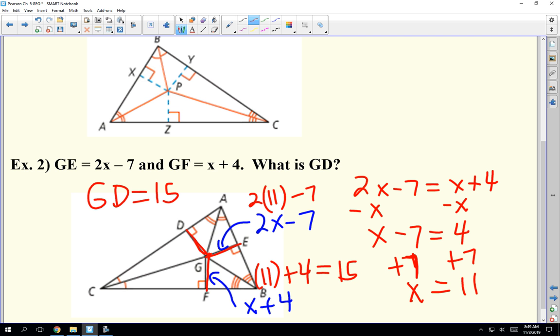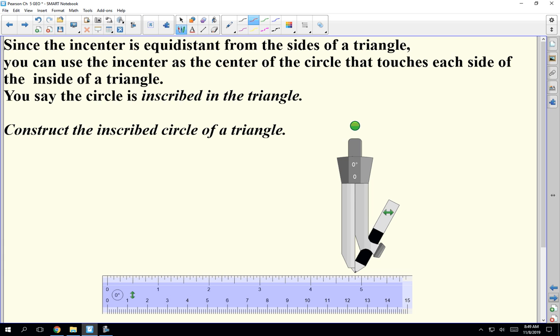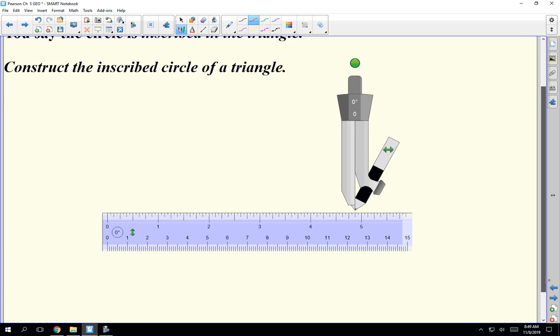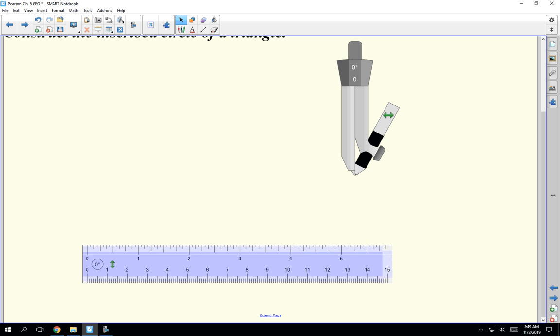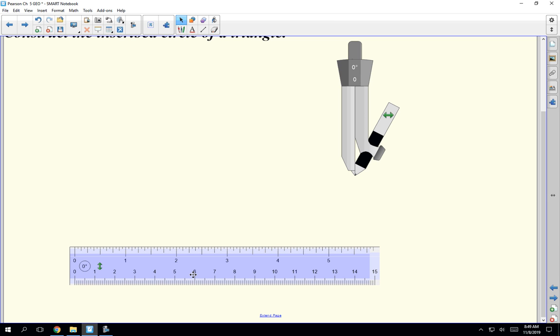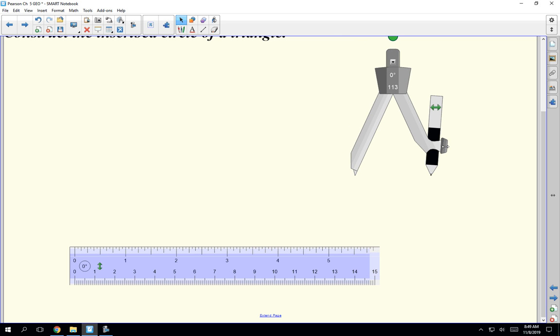So let's do that construction. Draw a triangle, whatever triangle you like. Make it about, you know, I think I give you a whole page on it. So go ahead and do that. Draw a triangle.